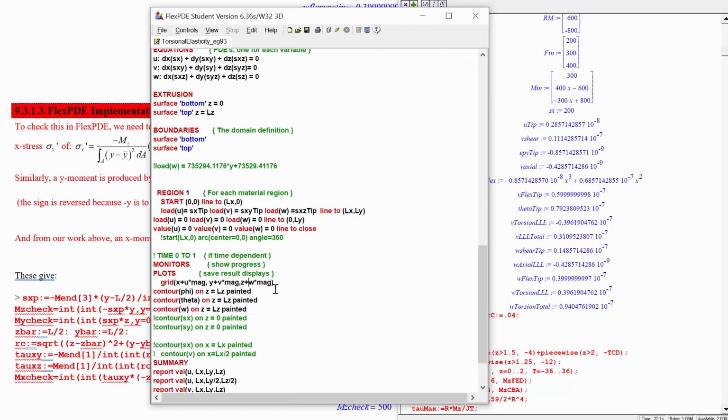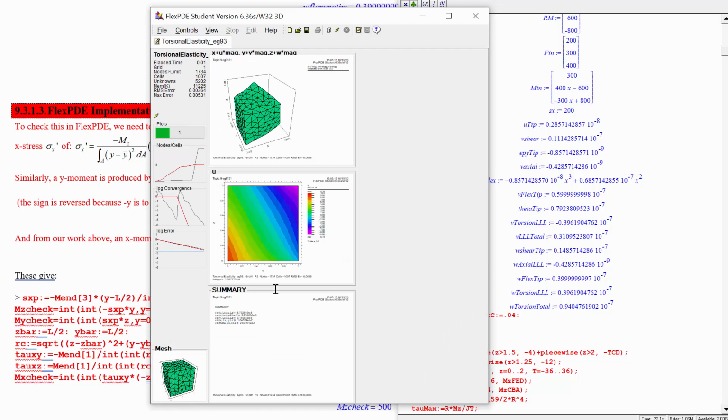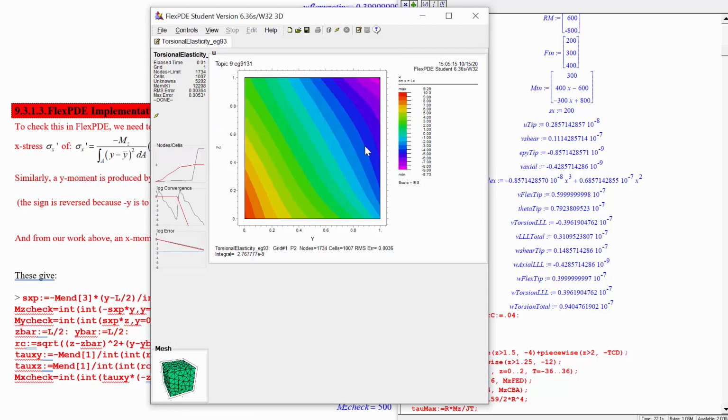We can plot, let's make a contour plot of the x displacement over the x equals Lx surface. I guess we don't really need these plots anymore. And look at that. At the corner we ended up calculating, it is bending in a lot.